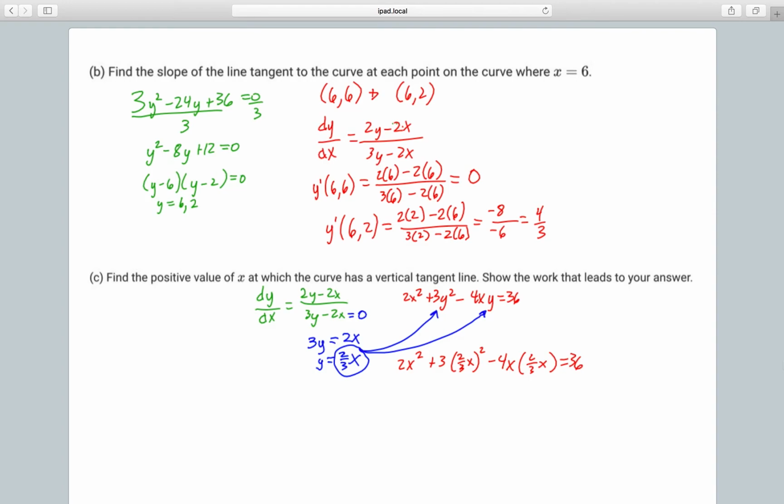Okay, so we have 2x squared plus 3 times 4/9, 12/9 x squared, minus 8/3 x squared equals 36.